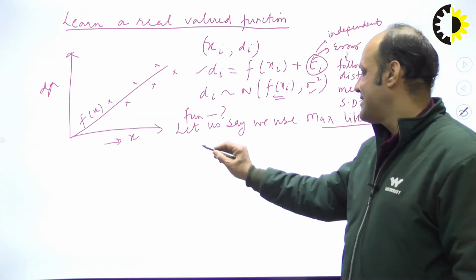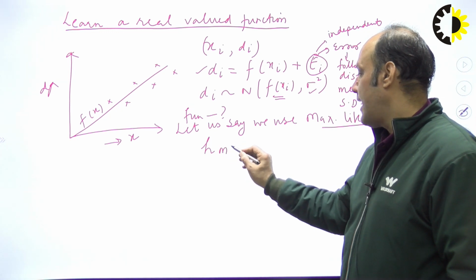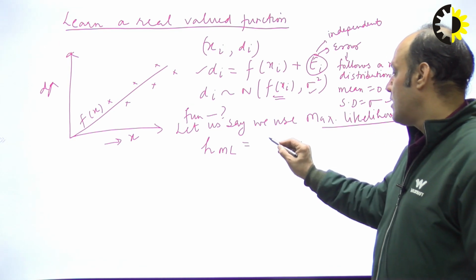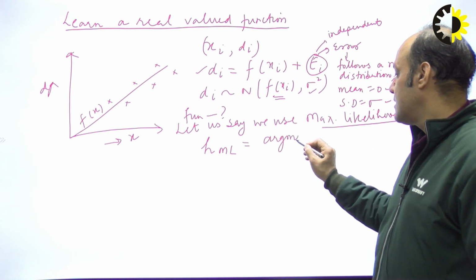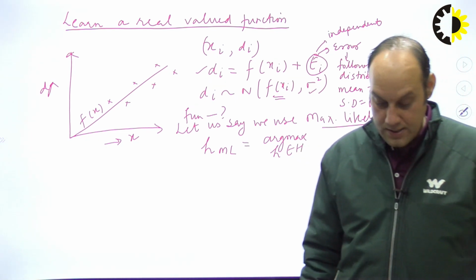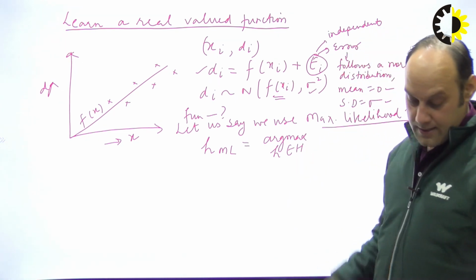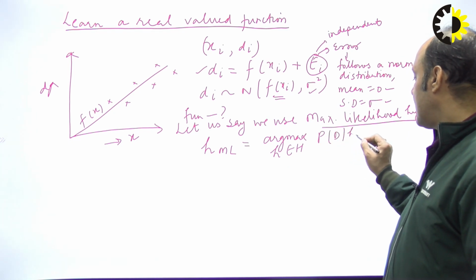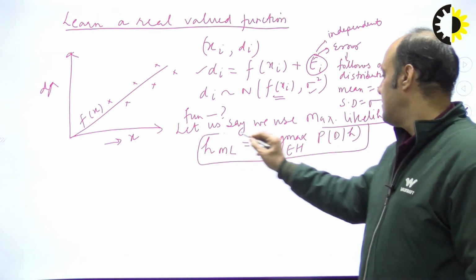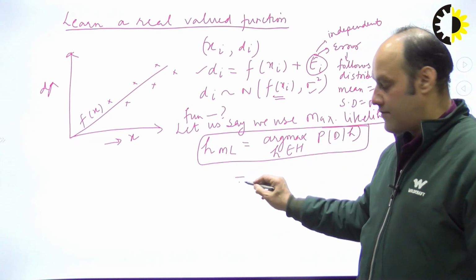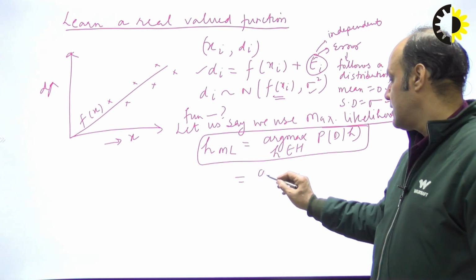This is used as h of ml that we have already derived, the maximum likelihood probability, which is equal to arg max, h belongs to our capital H, where h is defined as P of data given h. This is the maximum likelihood hypothesis. So this is derived like this.